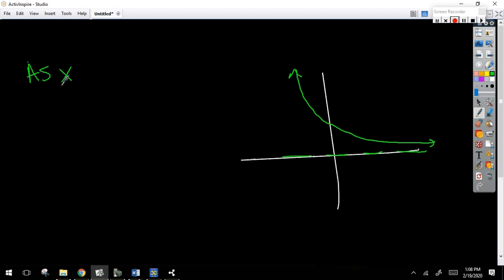As x approaches infinity. So look to the which side? Right. On the right side of the graph, what is it doing? What's it getting close to? Look at the right side. There's an asymptote there, right? And the further I get, the closer that graph gets to the asymptote.